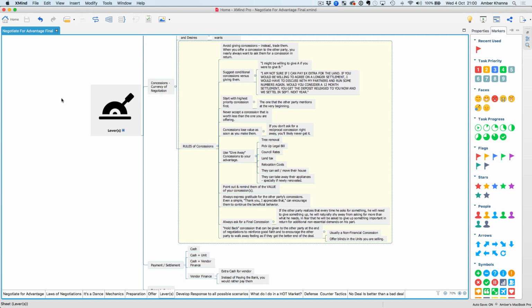And this is one of the other things in your offer: always have an expiry time. You'll have longer and shorter settlement terms in there, but as I mentioned earlier, if you put an expiry date on your offer, it will force them to make a decision quickly.